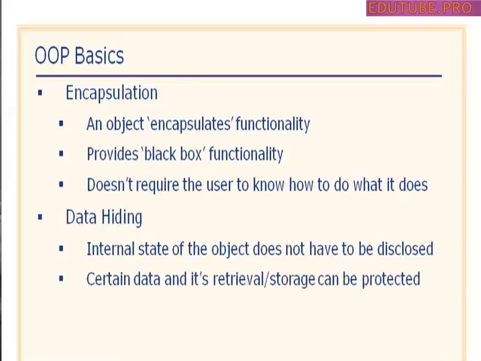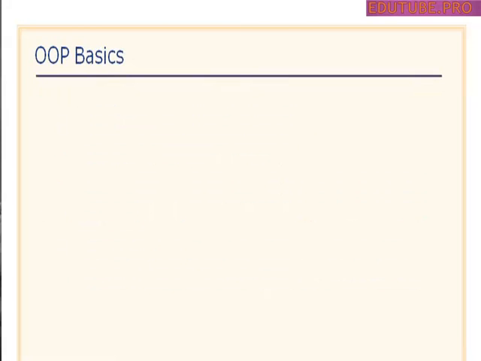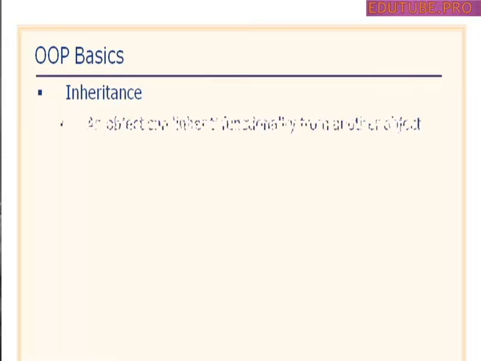A better way to say that is certain data, such as the name of the database, how we connect to it, where it's located, all that, the commands we write to retrieve the data, can be protected. The end user never sees exactly how we connect to the database or whatever. The object privatizes that, or it keeps it private. You can't see it from the outside, from the object that you create from the class, and so it's protected or it's hidden.